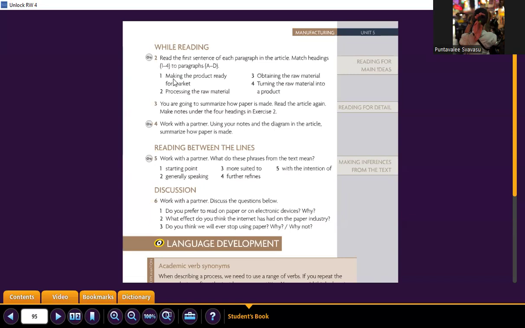They give you 4 subheadings. I want you to skim the text and match each to the correct paragraph. It's more of a skimming, so you have to get the overall idea of what it talks about. Pause the video right here and work on it before continuing the video.